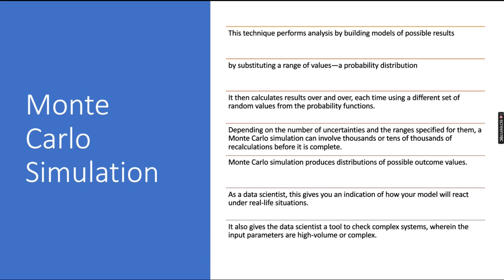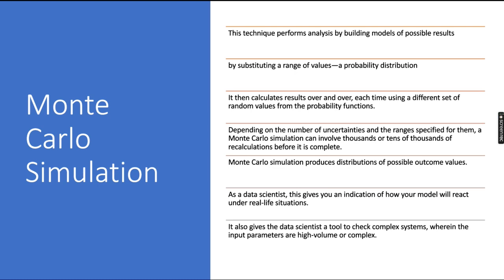Now, Monte Carlo simulation. This technique performs analysis by building models of possible results by substituting a range of values, a probability distribution. It then calculates results over and over, each time using a different set of random values from the probability function, depending on the number of uncertainties and the ranges specified for them. A Monte Carlo simulation can involve thousands or tens of thousands of recalculations before it is completed.